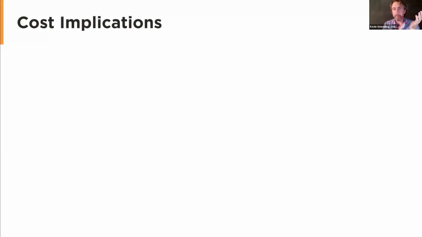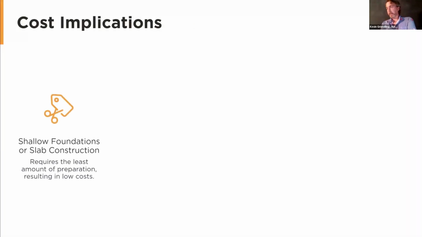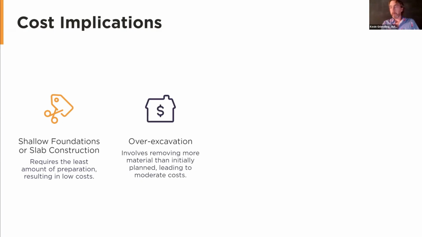So we can talk about cost implications. I'm going to try to get through this real quick. Put this in the background of your mind: shallow foundations and slabs are going to be your lowest cost, because that requires the least amount of site preparation and excavation. If you have to over excavate for a complicated foundation system, which often happens with grade beams and things like that, then that's going to cost a lot more money.